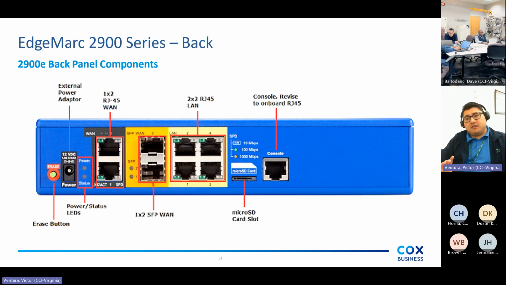In the back of the unit, again, you have the same power LED and status LED. To the left, you do have the erase button. If you press the erase button one time, nothing happens to the device. If you press it twice, and when I say twice, they have to be in succession.